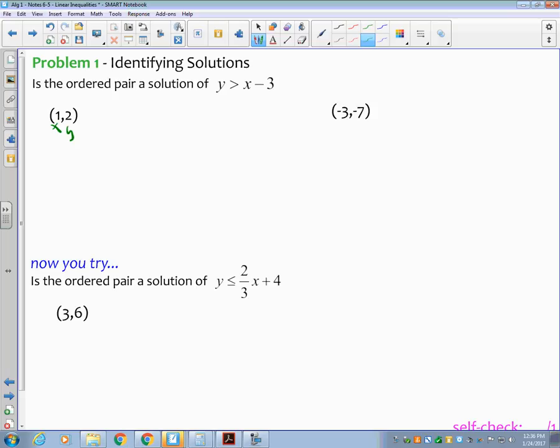If it's false, it's no. So is 2 greater than x minus 3? Go ahead and do the math on it. 1 minus 3 is negative 2. Is 2 greater than negative 2? Yeah, so this is true. So the answer is yes. (1, 2) is a solution.